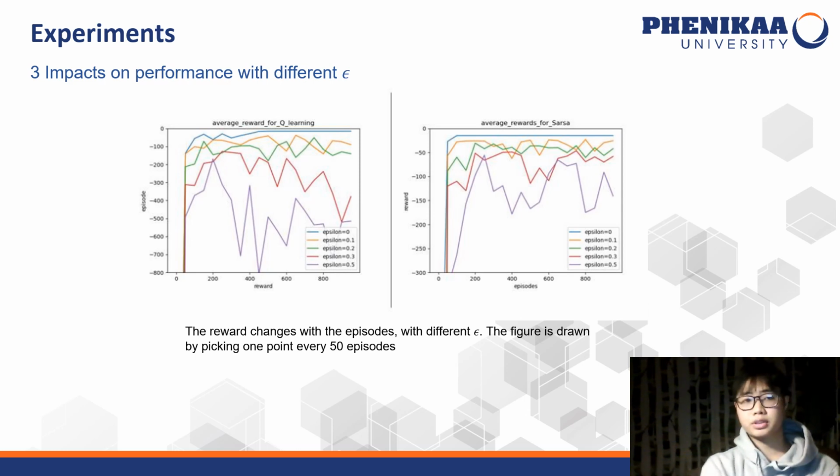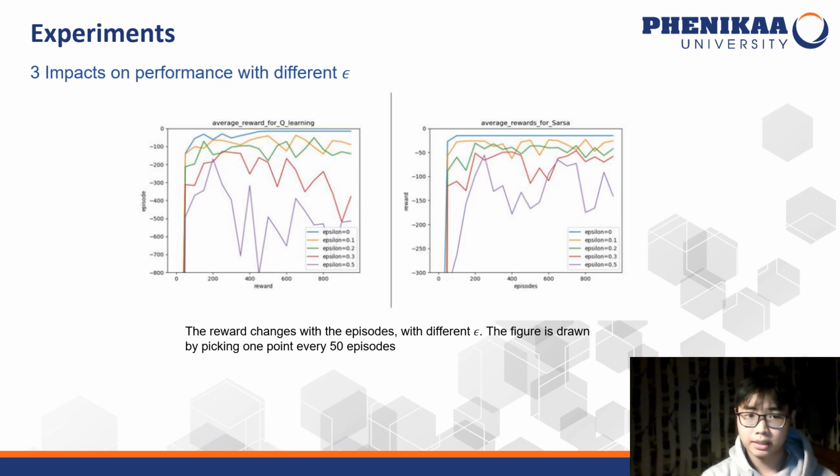We also use average reward to observe the impact on performance with different epsilon. Here are the two pictures for average reward from Q-learning and SARSA. We trained episodes with different epsilon.